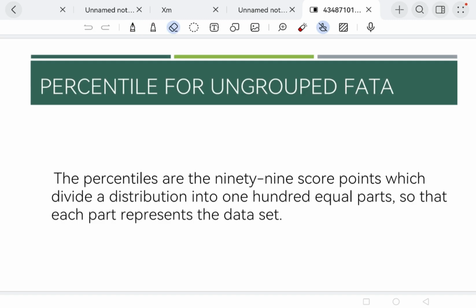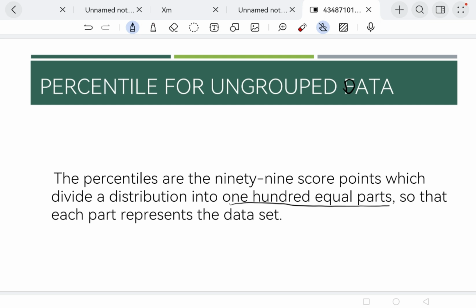Let us now proceed to percentile for ungrouped data. So the percentiles are the 99 score points, which divide a distribution into 100 equal parts. So again, our quartile divides our distribution into 4 equal parts.